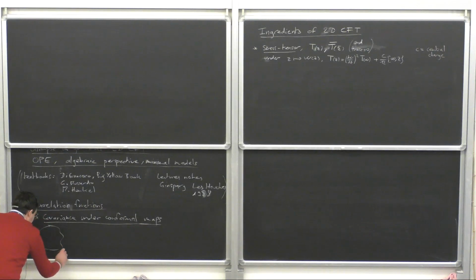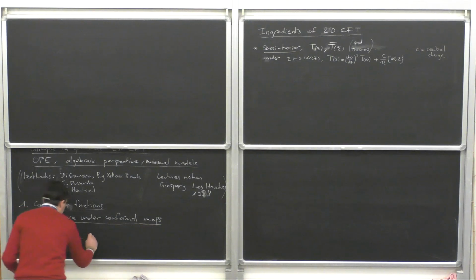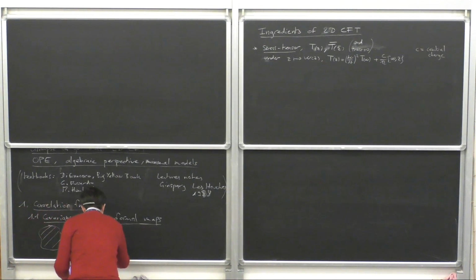So if we have again some domain U, and we have a map z maps to w, say to the upper half plane.